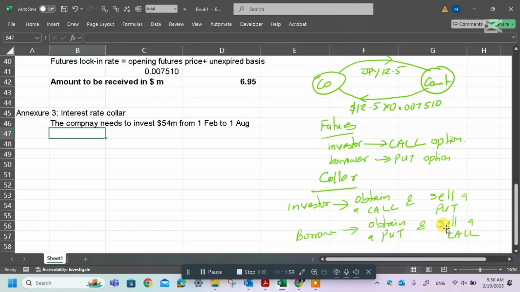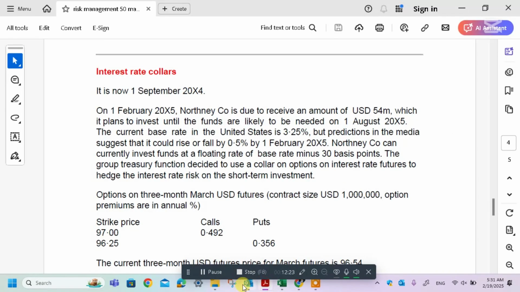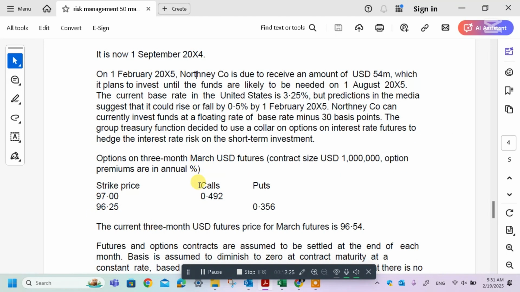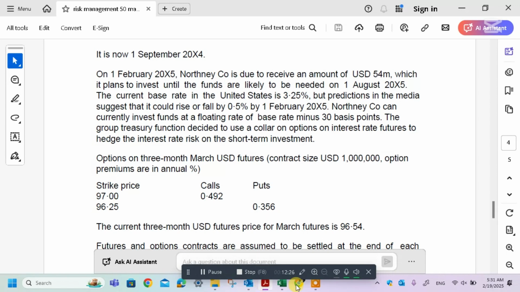This is what the collar will be. The main reason we do this is to reduce the premium cost to us. By selling another option, we will receive some premium that will at least minimize this premium. So going back here, this is an investor. He needs to buy a call option and sell a put option. Which month? 1st of February is when the investment starts. So March options. They have given March options. Yes, so there is no need for us to choose anything. We can just write it.